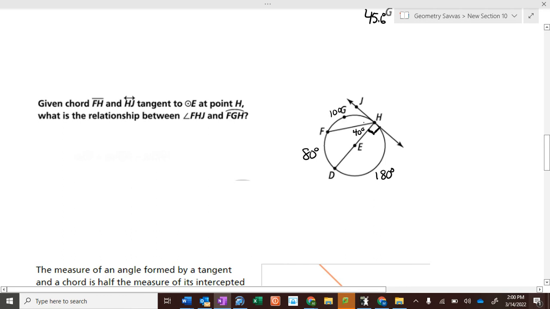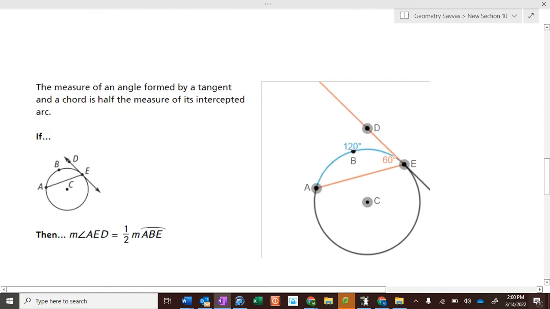That would be 100, which would make JHF how many degrees? 50 degrees. The angle is half the arc. So if you have an arc that's cut off by a tangent and a chord, the angle's half the arc.